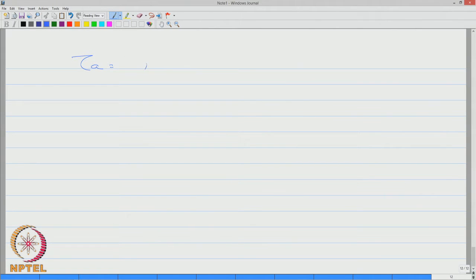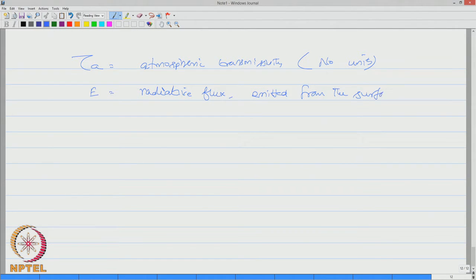Tau A is atmospheric transmissivity, it has no units. E is the radiative flux emitted from the surface. F21, as explained earlier, is called view factor.